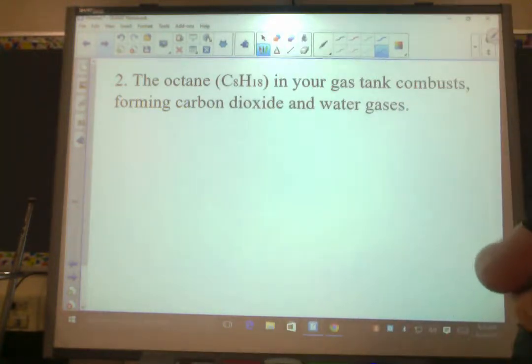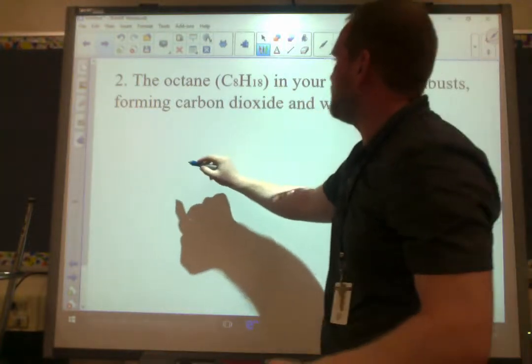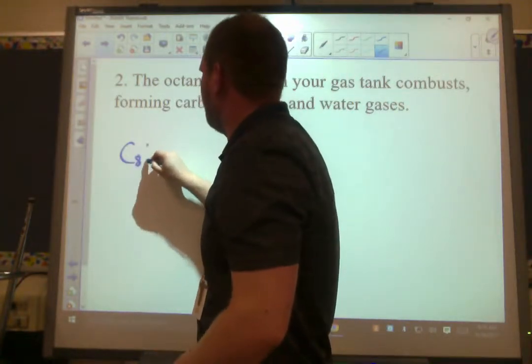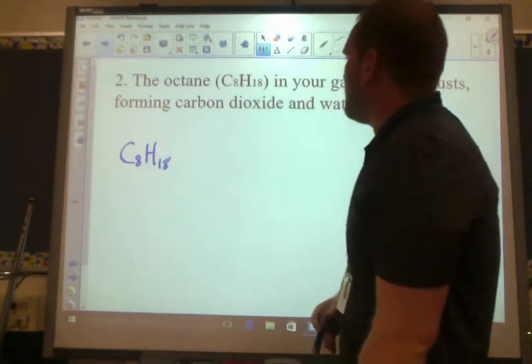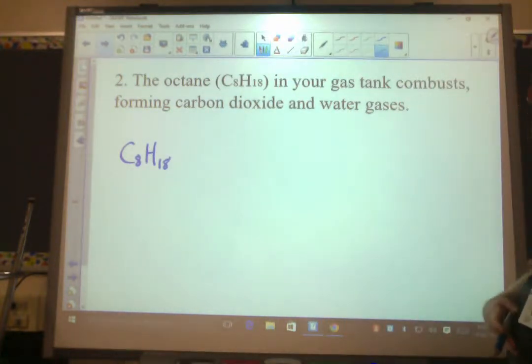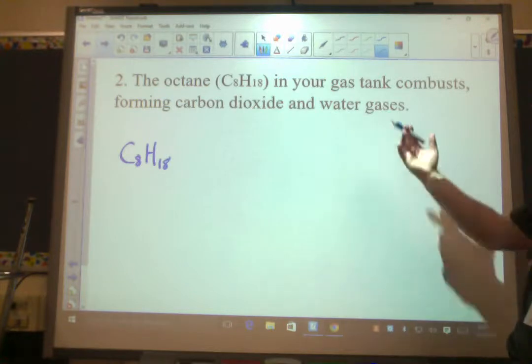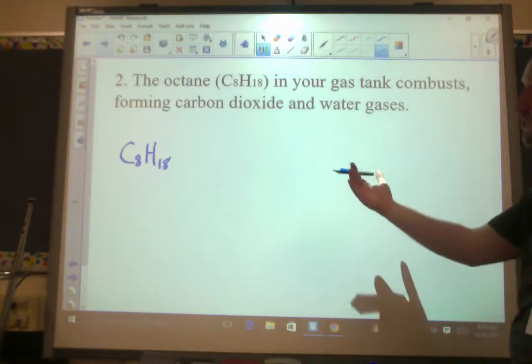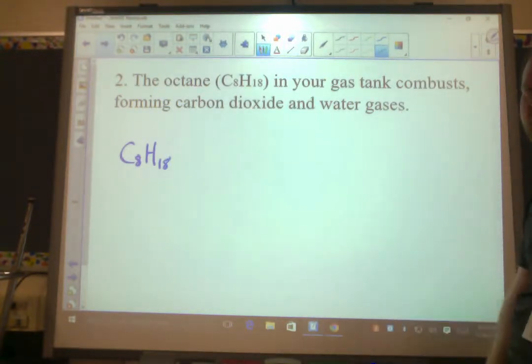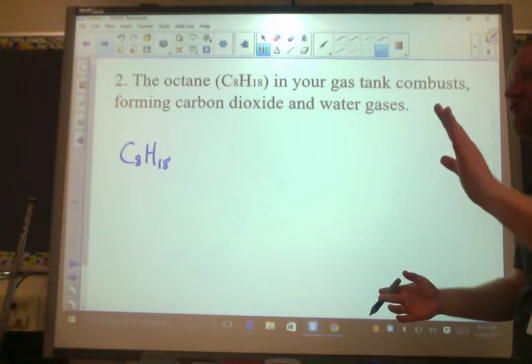The octane in your gas tank combusts, forming carbon dioxide and water gases. Okay, so this I tell you is C8H18. Now, I didn't tell you the state here, and you could imply that it's a liquid. I believe octane would be a liquid, assuming it's standard atmospheric pressure, but this one's not so obvious, so I'm just going to leave it as C8H18.